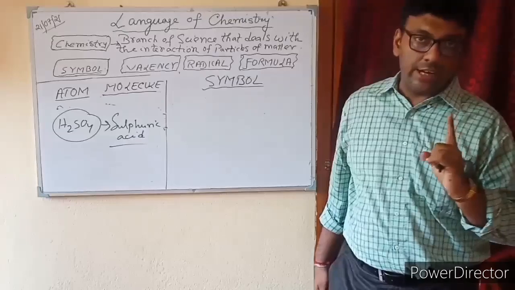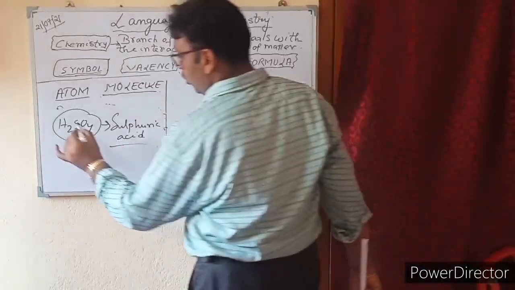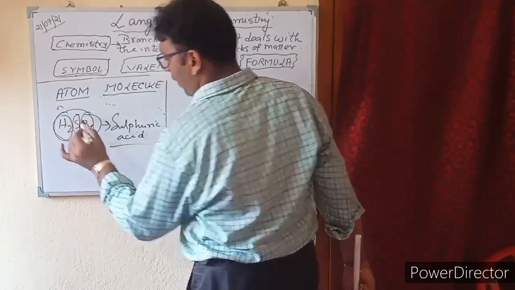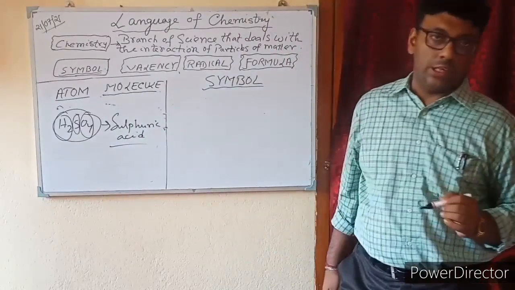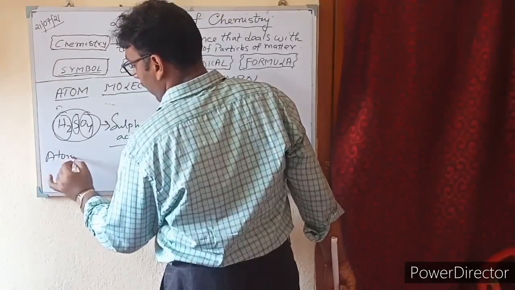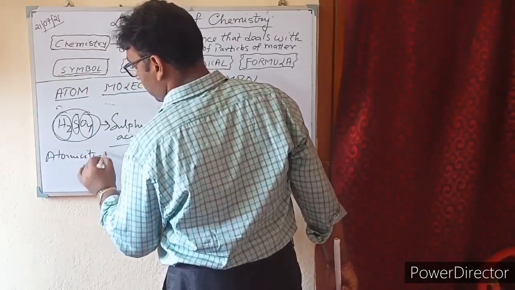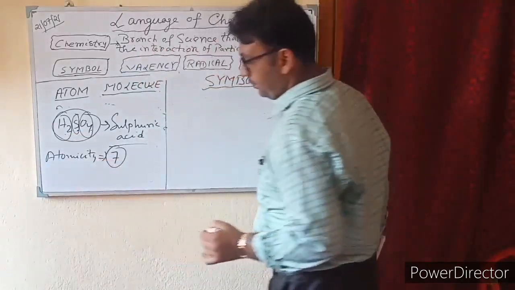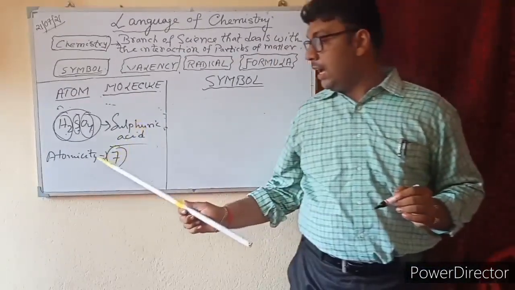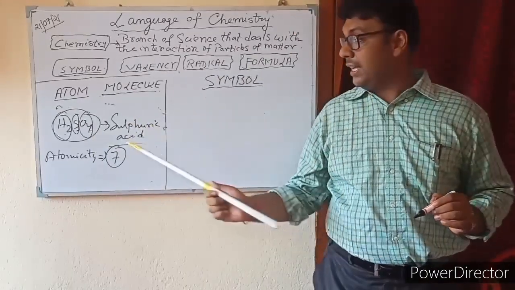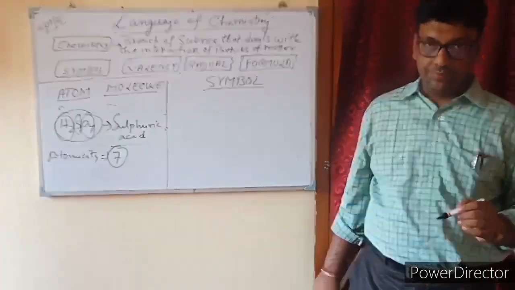One molecule of sulfuric acid is made up of 2 atoms of hydrogen, 1 atom of sulfur and 4 atoms of oxygen. So what is the atomicity here? The atomicity here is 2 plus 1, 3, plus 4, equal to 7. So this is the atomicity of the molecule of a compound, that is sulfuric acid.